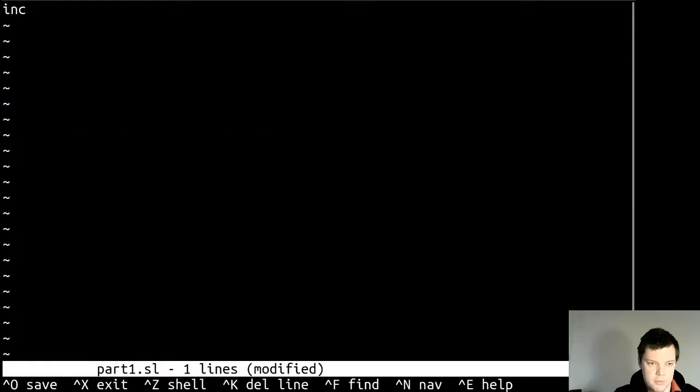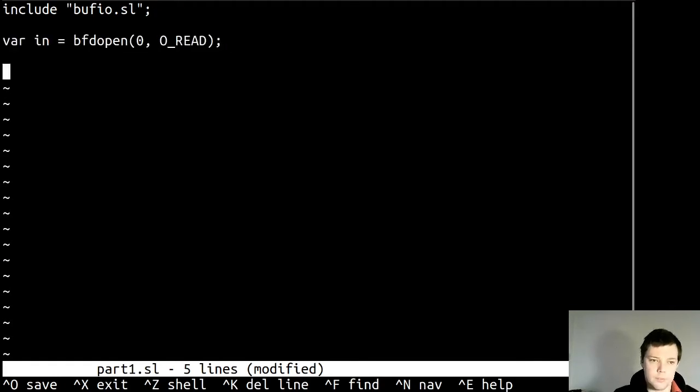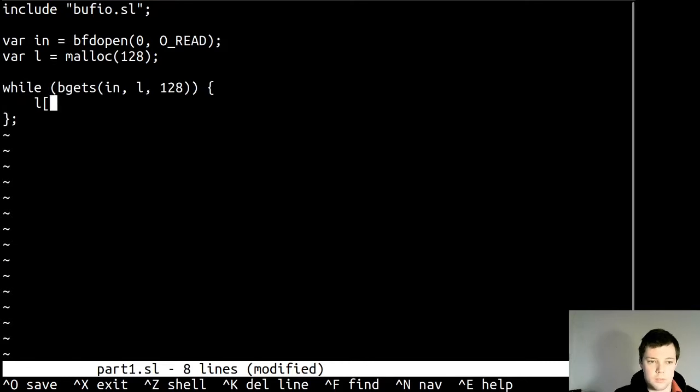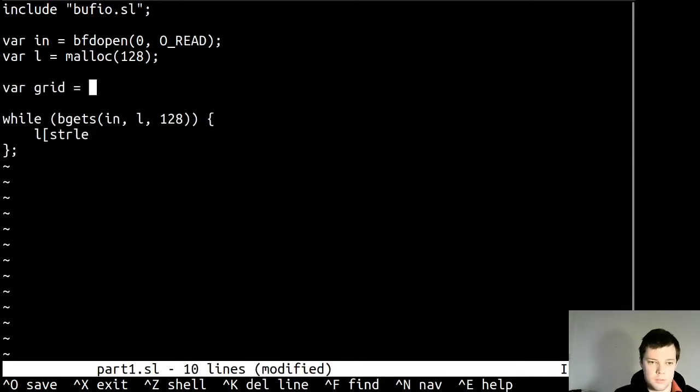But let's get the input read first. Oh, how did I read in a grid the other day? Last night I made a multi-dimensional array allocation function.